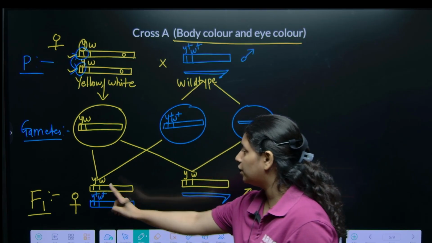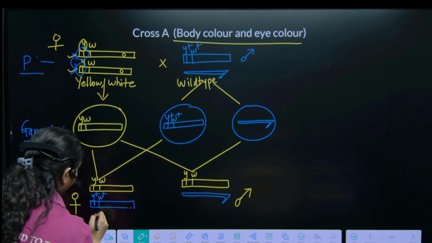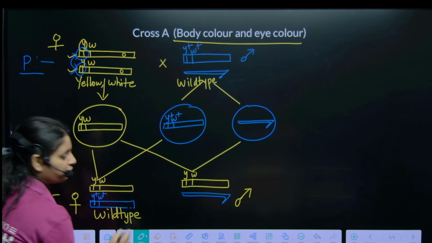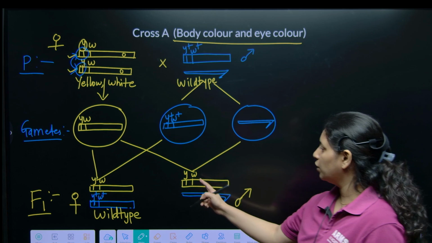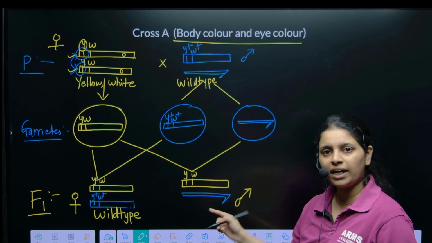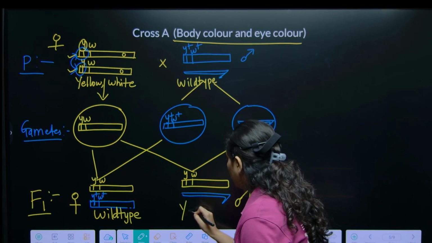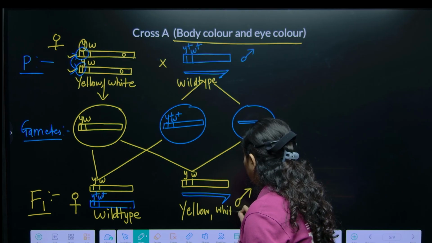As there is dominant copy plus plus for both, the character will be wild type, right? What about male? It has one copy, hemizygous, right? One copy, Y, W. So whatever character is there, it will be expressed. So now your male Drosophila has yellow body and white eye.